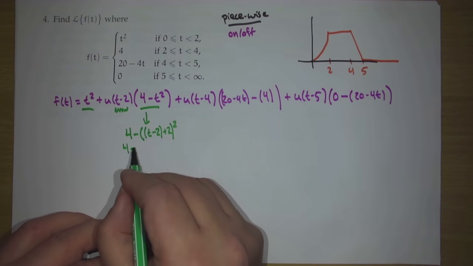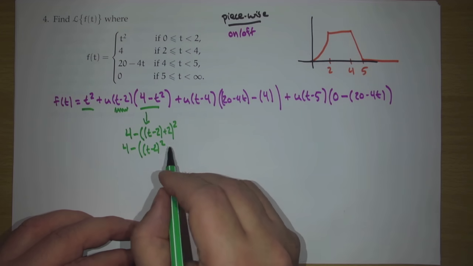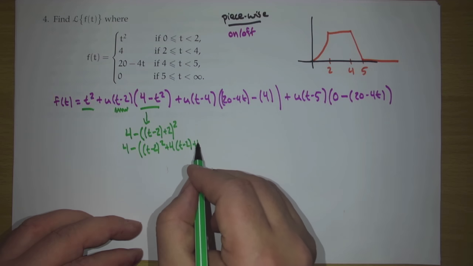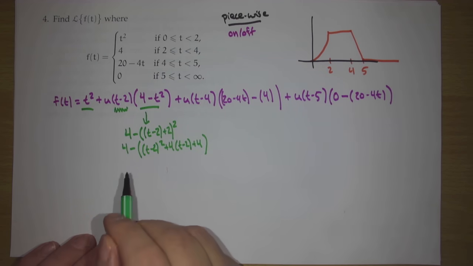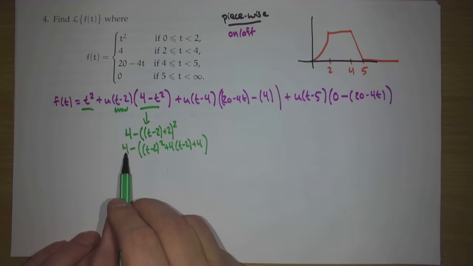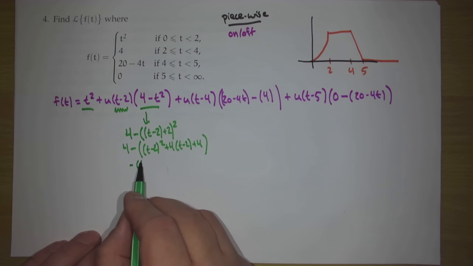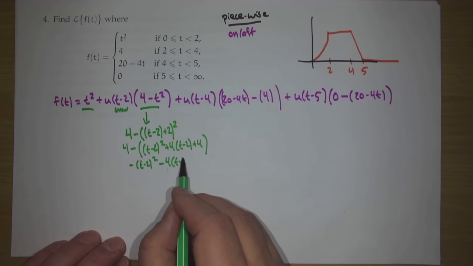So this is 4 minus the quantity t minus 2 squared plus 4 times t minus 2 plus 4, if you just expand t minus 2 plus 2 squared. And now clean it up a little bit. Notice you have a 4 minus 4. Those cancel. So it's minus (t minus 2) squared minus 4 times (t minus 2).